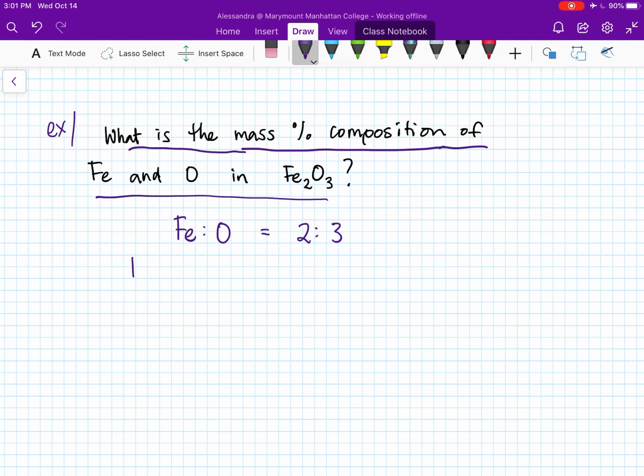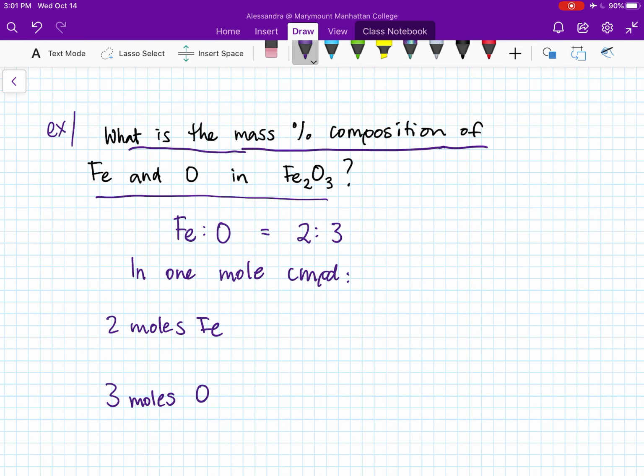And the best way to solve a problem like this is to assume you have 1 mole of that compound. Assuming you have 1 mole of the compound, you are going to have 2 moles of iron and 3 moles of oxygen per mole of that compound.